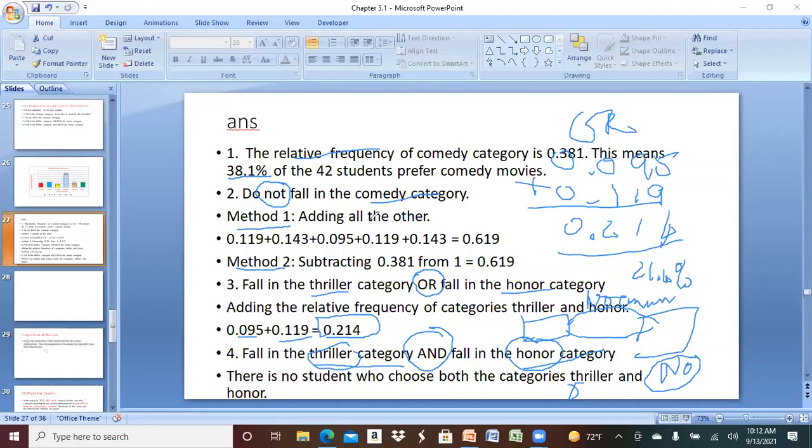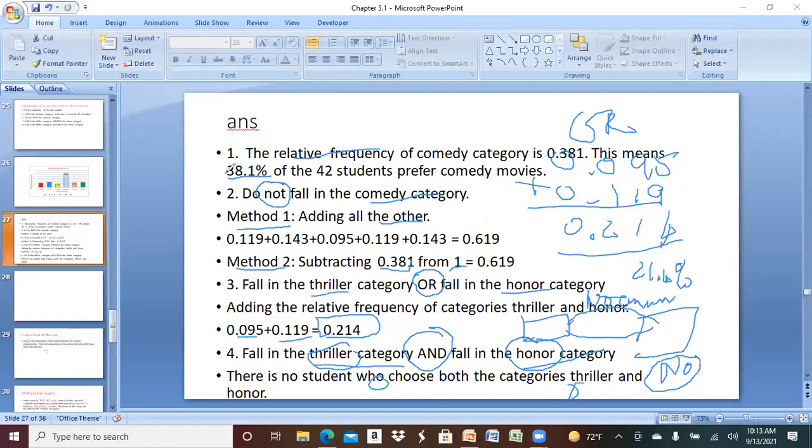The first, you subtract from 1. And when you find all, you add together two categories. And when you find and two categories, you find the common. But in this problem, we don't have the common. So that's it. This one equals 0.